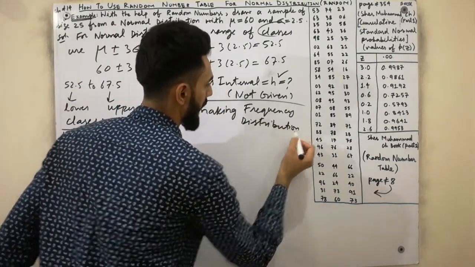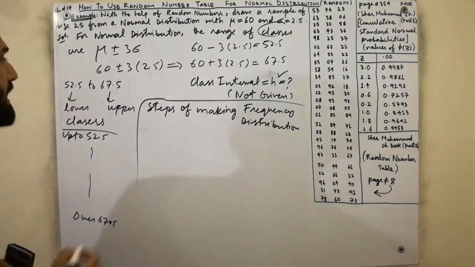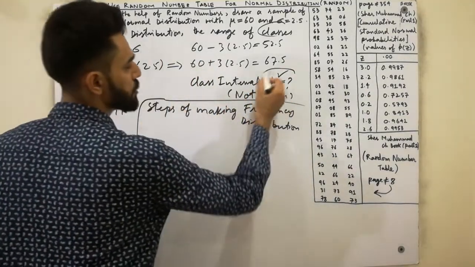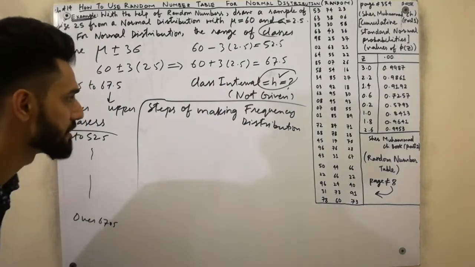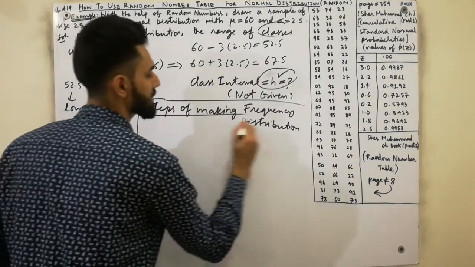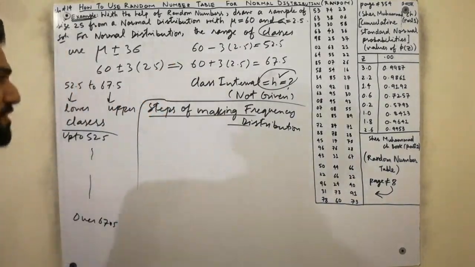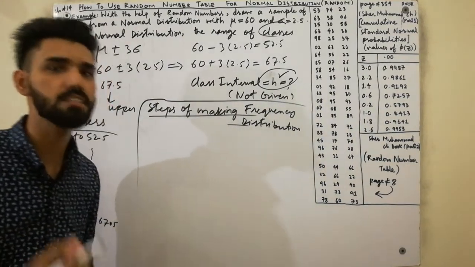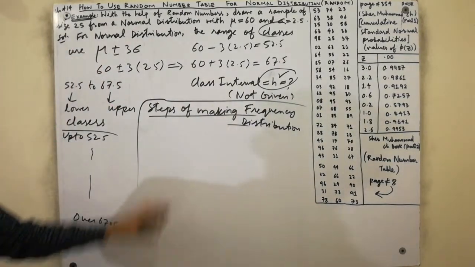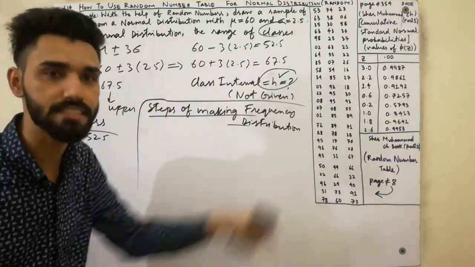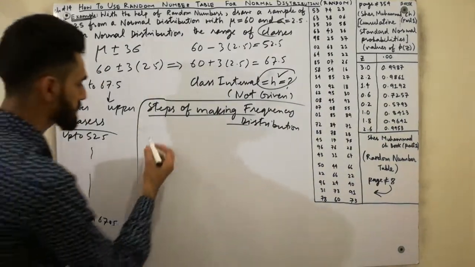We already know, from presentation of data, how to calculate h. For finding the class interval, we will make the steps of frequency distribution. There are three steps, very easy. From that, we can calculate the class interval.